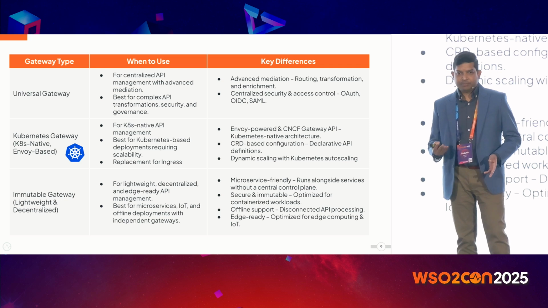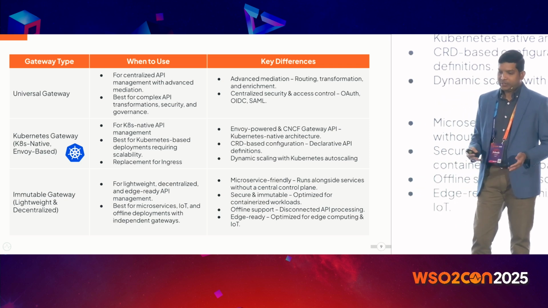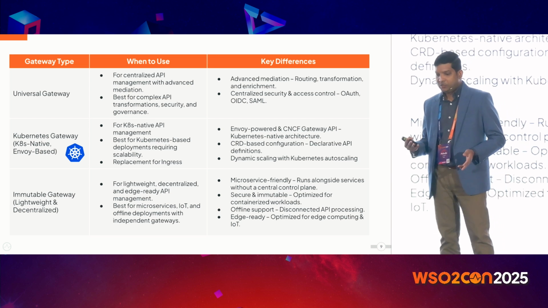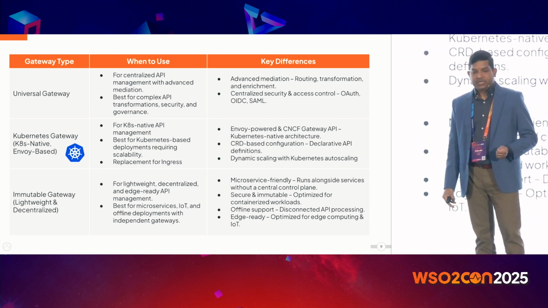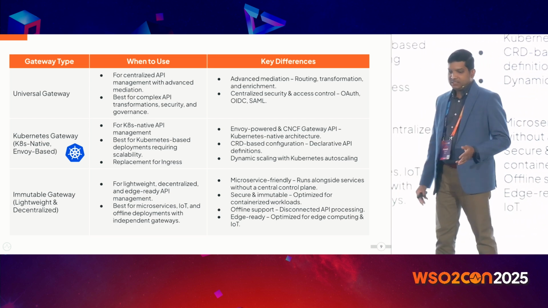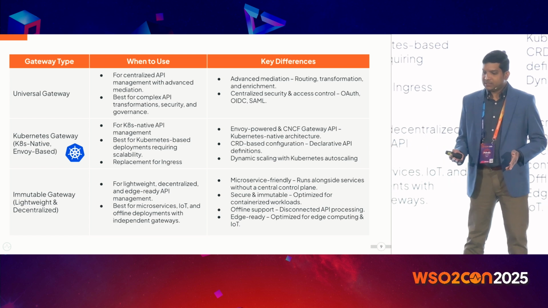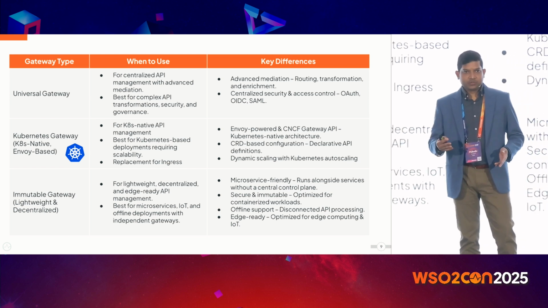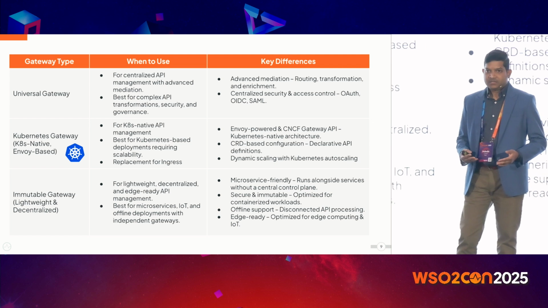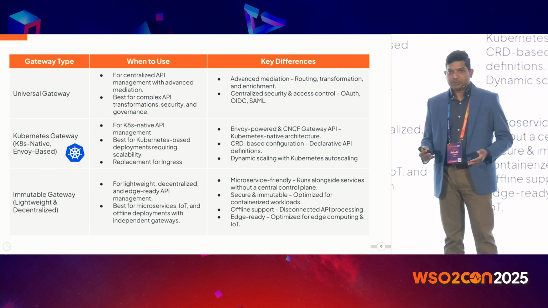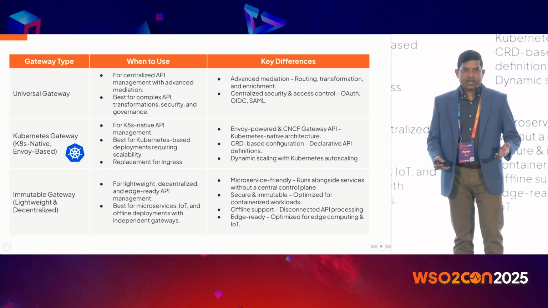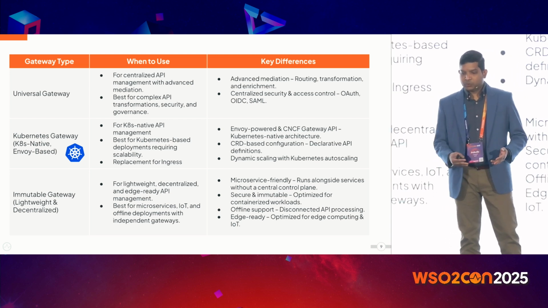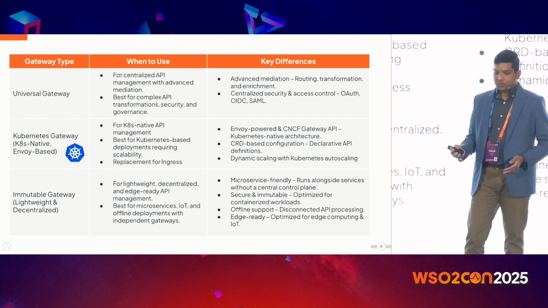For complex API transformations, security, and governance, you can use the universal gateway. The key difference here is that you can do more advanced routing, transformation, and enrichments because the underlying infrastructure is there with the Synapse mediations. And then we have centralized security access control: OAuth2, OIDC, SAML, likewise.